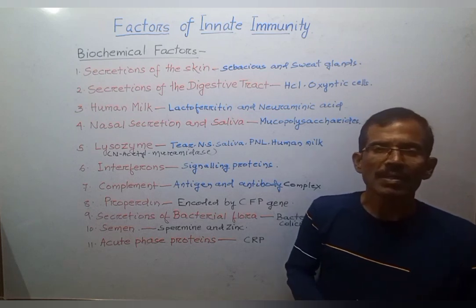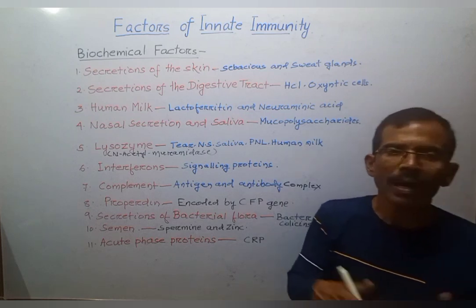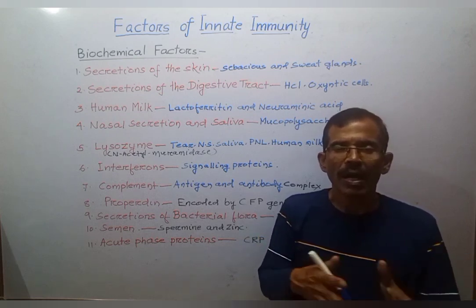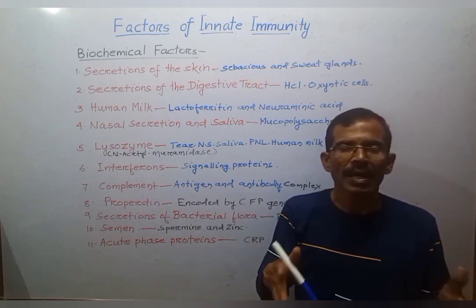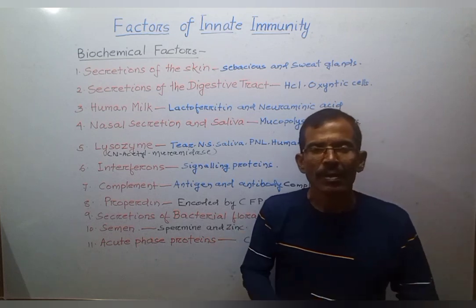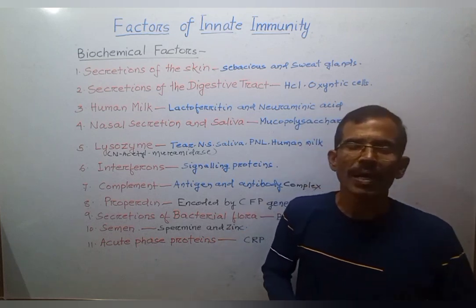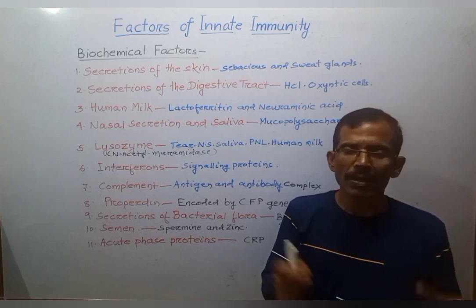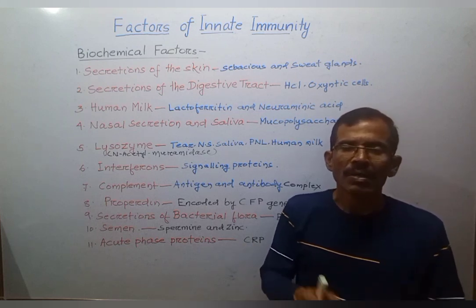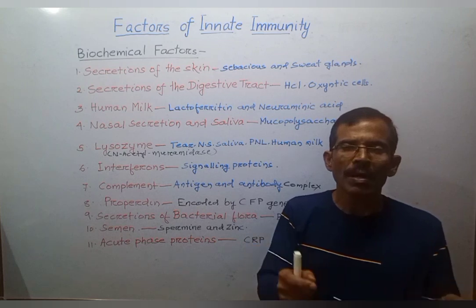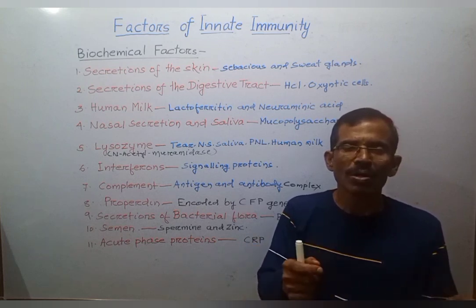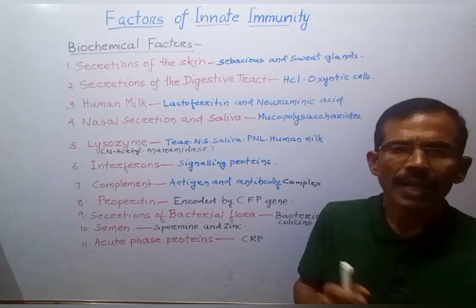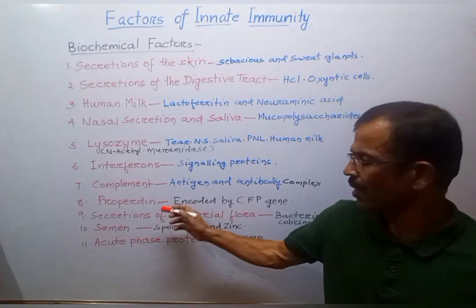Complement system operates by three pathways. They are classical pathway, alternative pathway, and the lectin pathway. The main function of the complement system is the opsonization of microorganisms and formation of membranous complex which causes lysis of the pathogens.